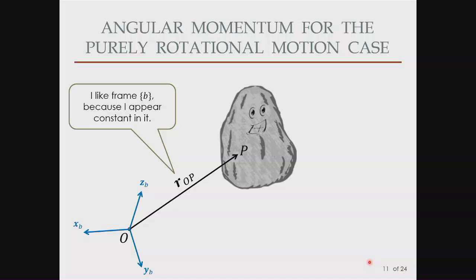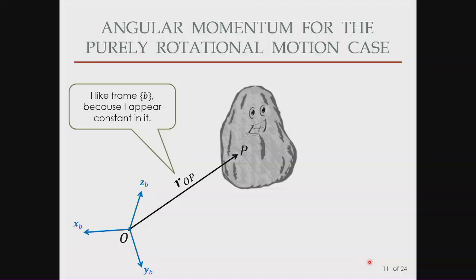I will repeat that because I'm sure some are sitting quietly, not understanding what I just said. So let's say this is t equals 1, and at t equals 2, I have this rigid body moving a bit to here. Now this will be point P, the same point on the rigid body, and this is the vector ROP.